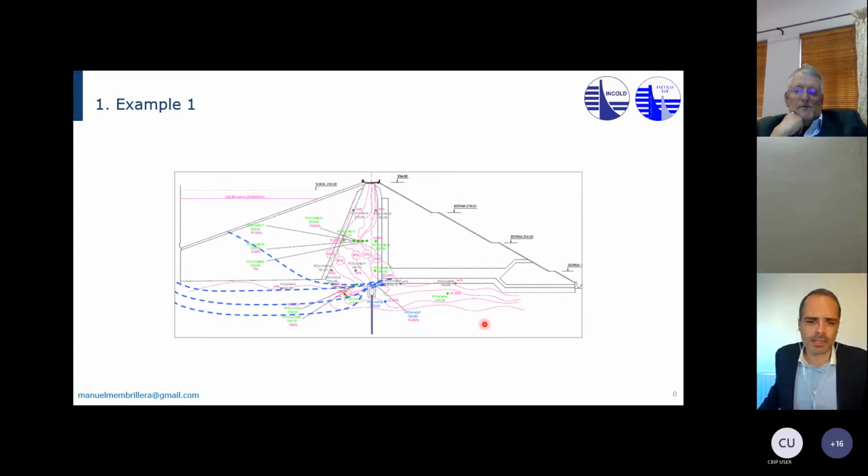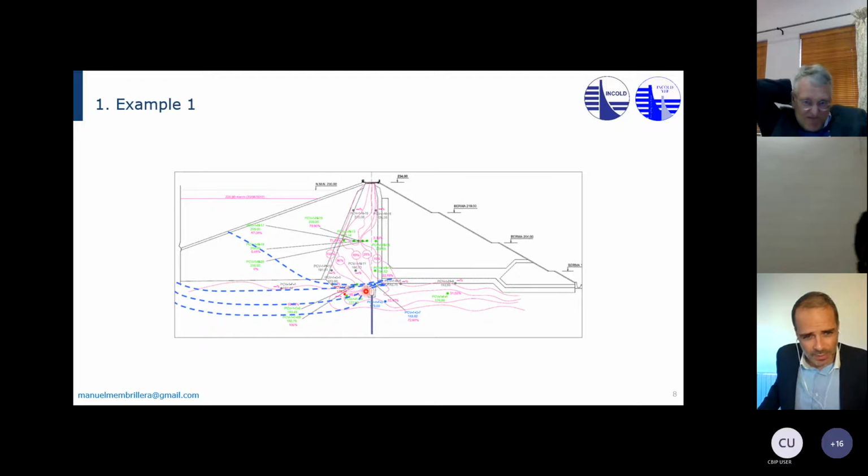And look at this terrible design. The core is vertical here, but just look at how the inspection gallery is so close to the downstream toe of the core. Sorry, it's the silty core, by the way. So it's not in the middle. It's very close here to this drain.